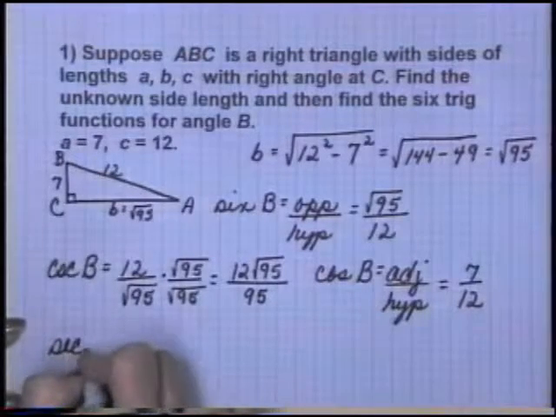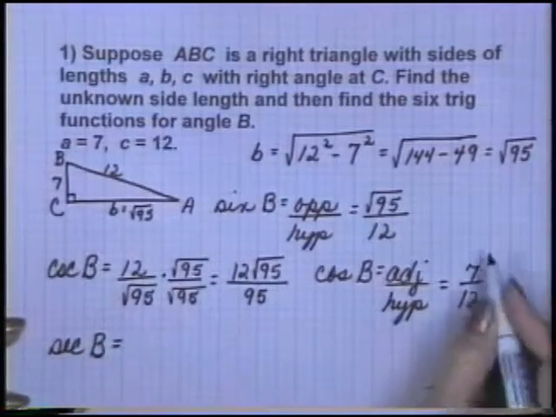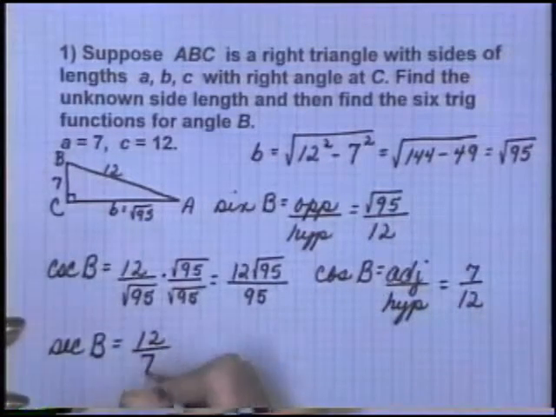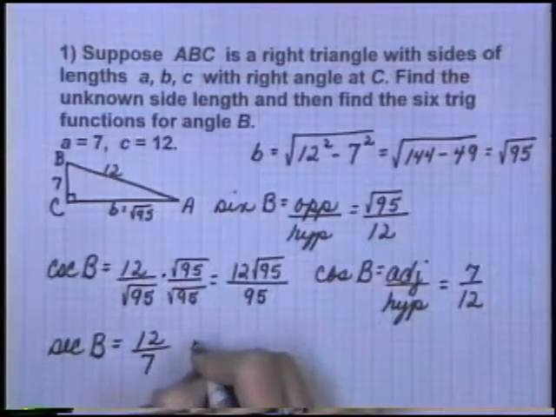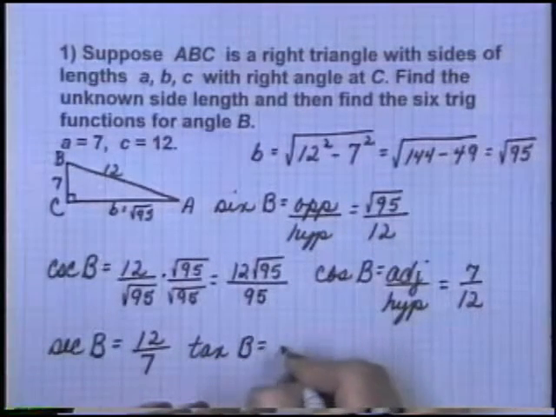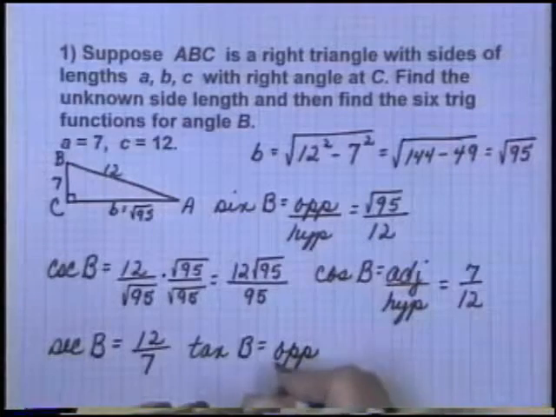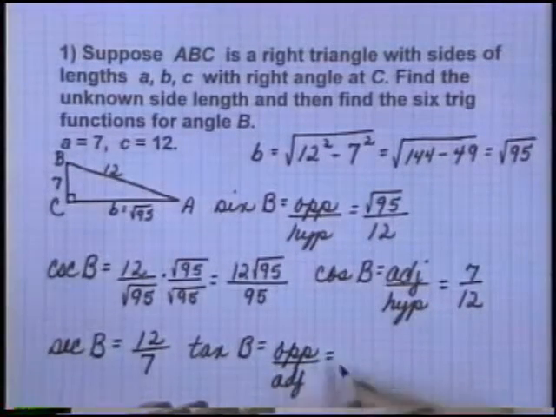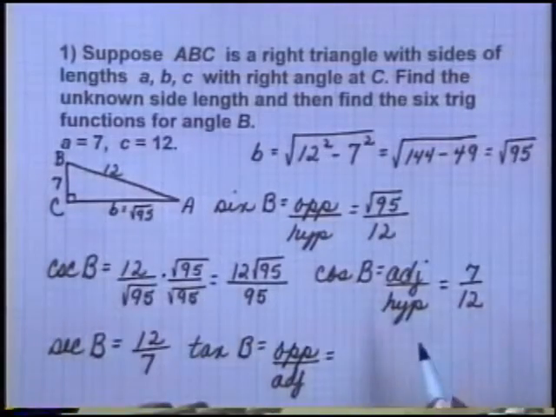Let's go ahead and find the secant of angle B, which is the reciprocal of the cosine. That would equal 12/7. For the tangent of angle B, we know that equals the opposite divided by the adjacent.